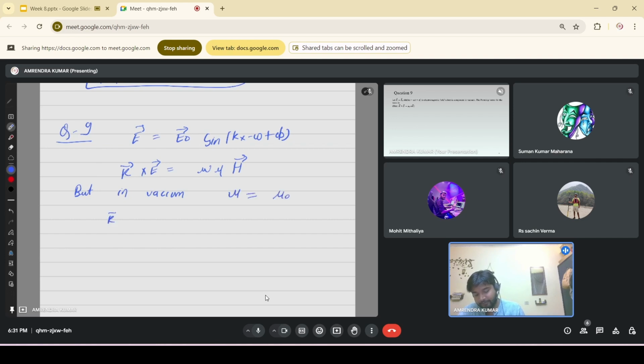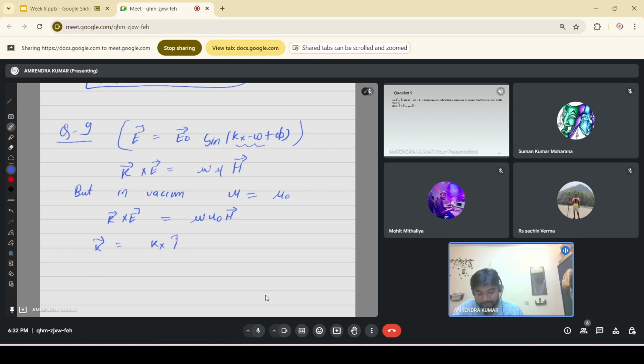That means this k cross E vector will be this. Now you have been given this thing, so you have to just check the cross product. We can see that this k vector is nothing but k x cap, because it is propagating in the x direction.